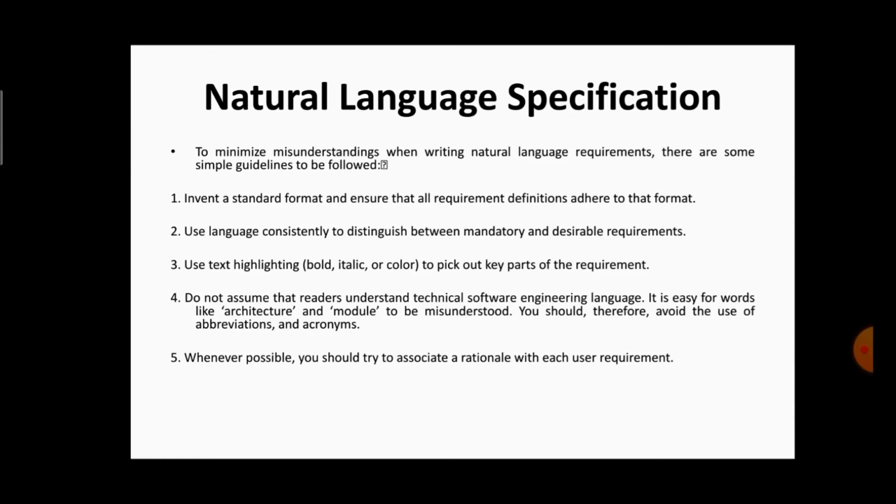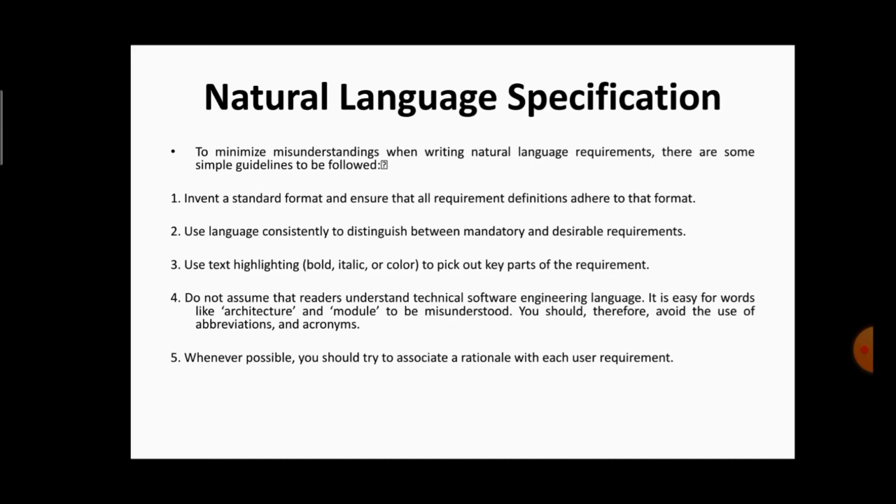When you follow some guidelines or rules, misunderstandings will be reduced, obviously. What is that? So first of all, invent a standard format and ensure that all the requirement definitions adhere to that format. I told you, simply expressing your requirements in text is not enough. Just follow some format. According to that format, start writing the requirements. Obviously, it will be helpful for you.